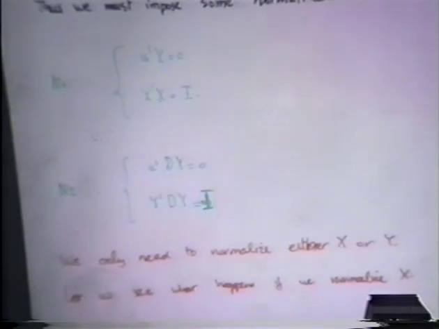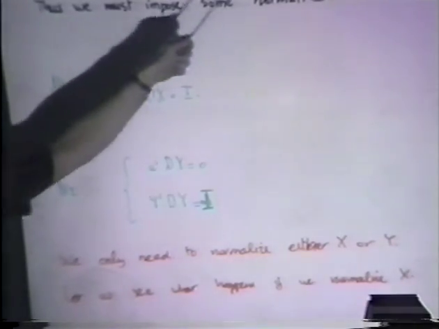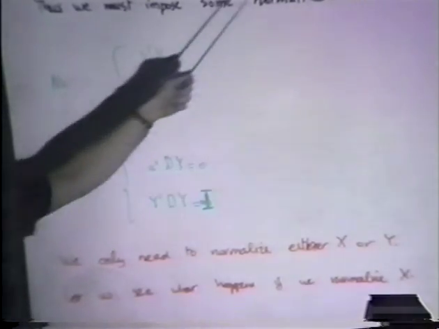And what consequences does this particular choice have? Well, you only have to normalize either x or y. That's clear. If you normalize x, then you exclude all this triviality up here automatically, because if x is normalized, then y equal to 0 is not a perfectly homogeneous solution anymore, so you eliminate the whole pair by just imposing one normalization condition.